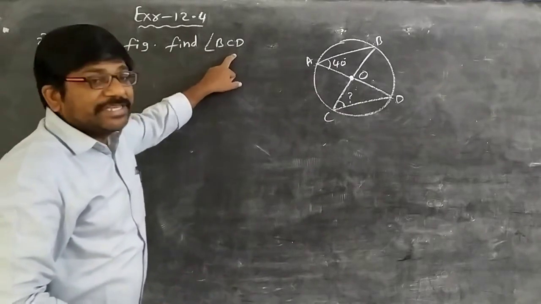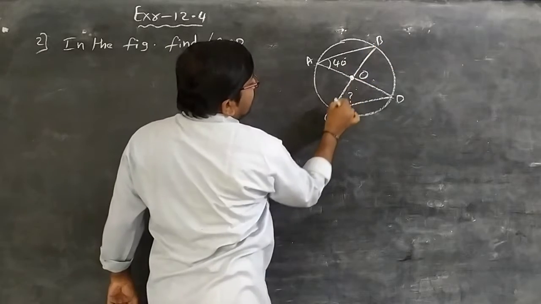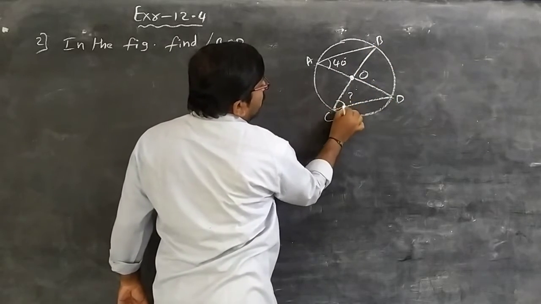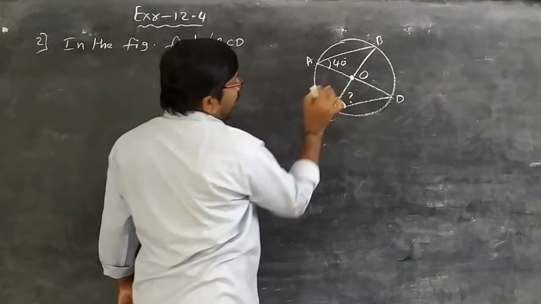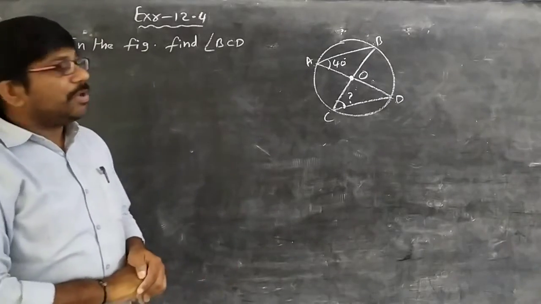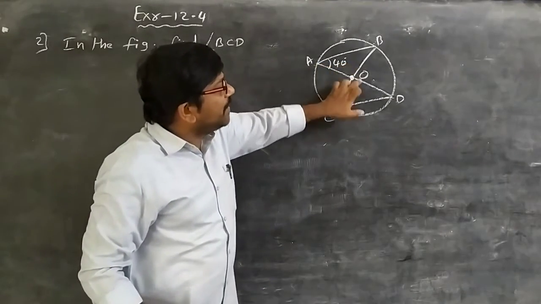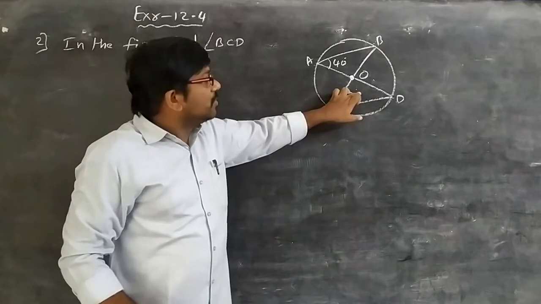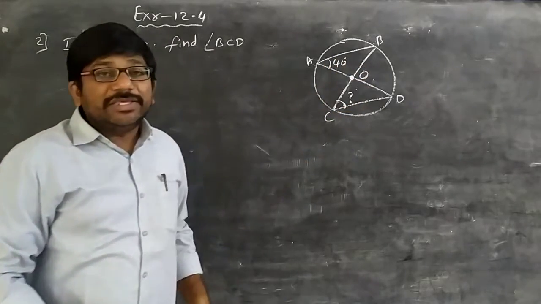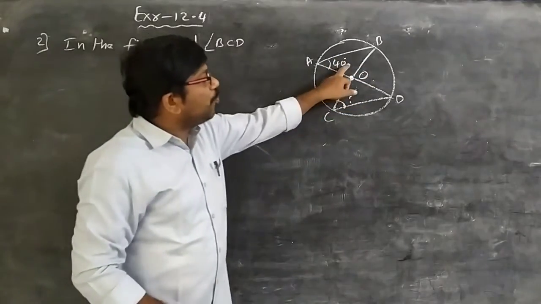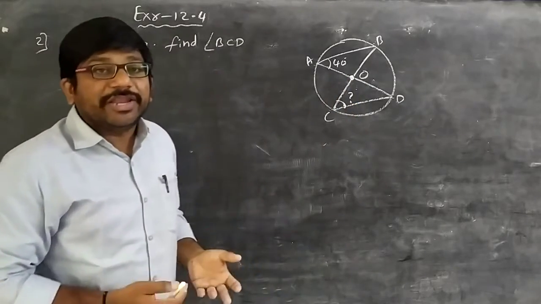Then what is the question? Find angle BCD. Now we have to find this angle, right? So it is very simple. By comparing the parts of these two triangles, their corresponding parts are equal. First we have to prove these two triangles are congruent, right?